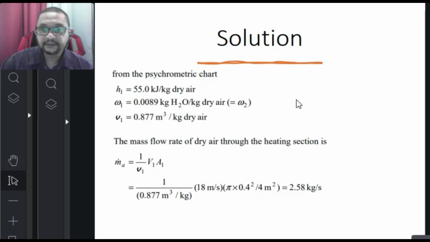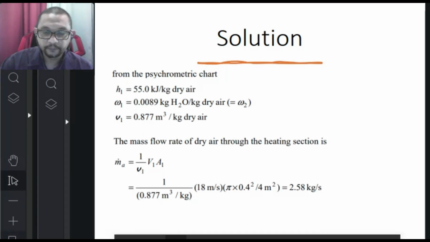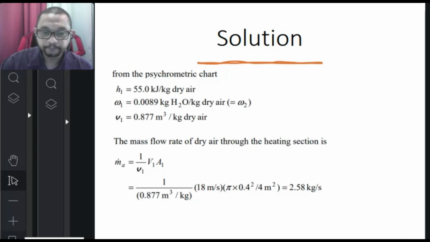From the psychrometric chart, the values that have to be found are H1, omega 1, and specific volume. How can we get all these values? Okay, open your psychrometric chart.